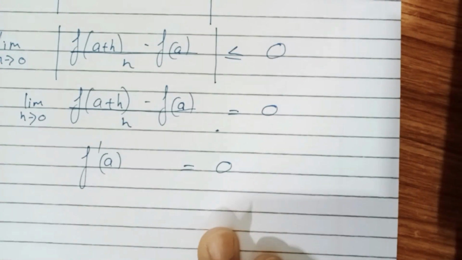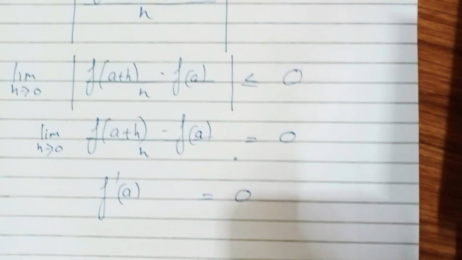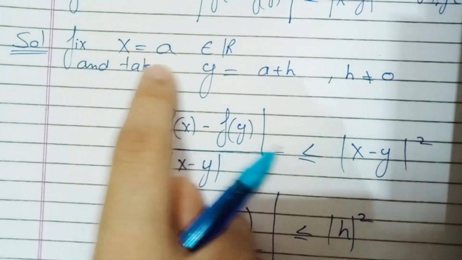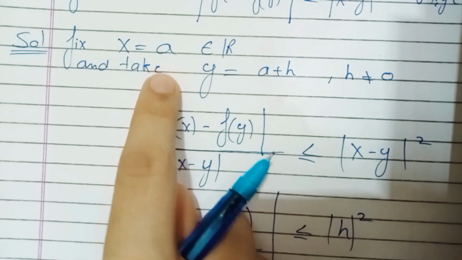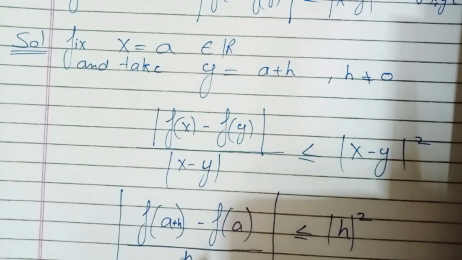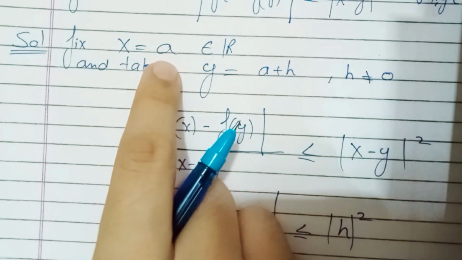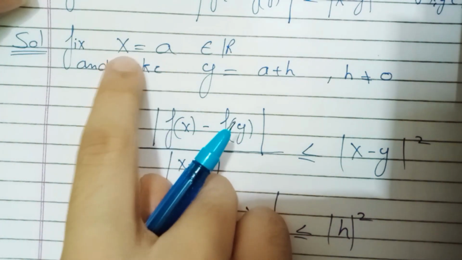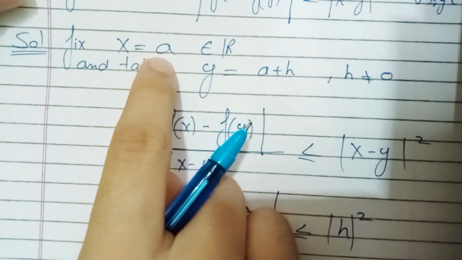But this is arbitrary. We have not fixed a to be any particular value. Suppose in this procedure we had taken a to be 5. So it's true for 5, f dash 5 is 0. Suppose we had taken 6, so it's true for 6 as well.